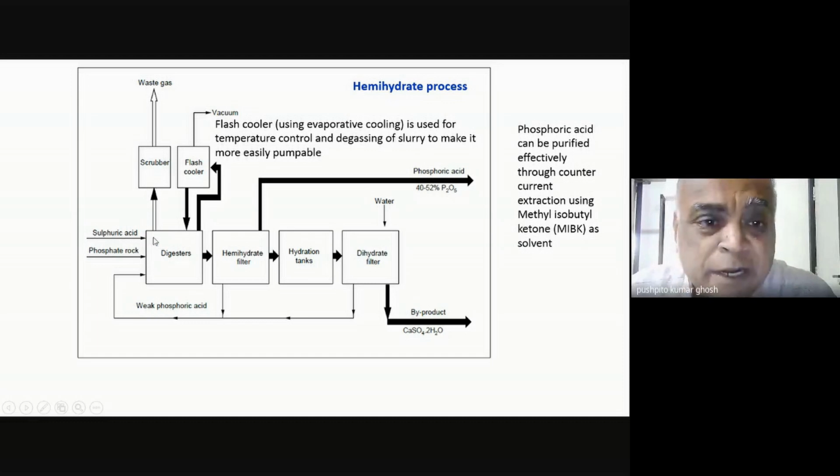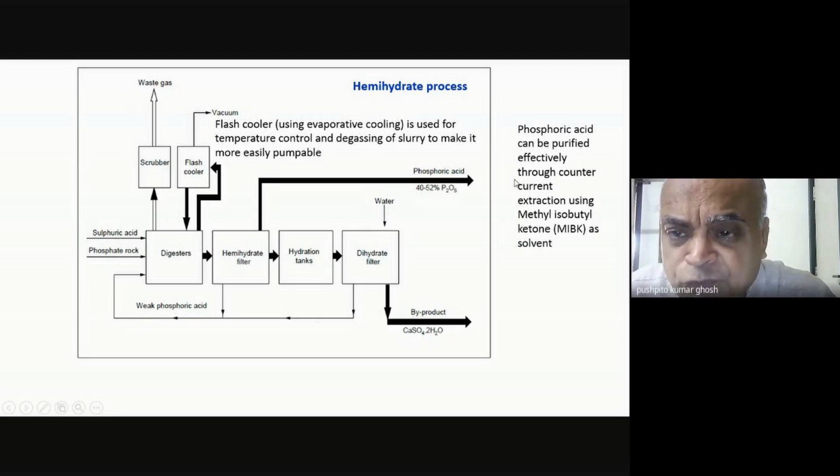At that point, you add the sulfuric acid so that you don't have that problem of caking of your solids. So that's the sum and substance of the whole process by which phosphoric acid is made by the hemihydrate process.